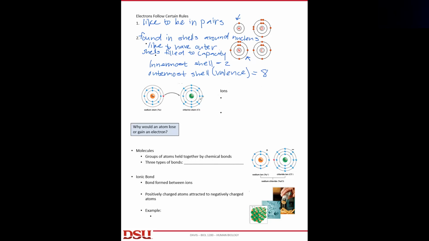Okay, remember I told you that there are exceptions to the standard neutral atom. One of those exceptions is called an ion. Quite simply, an ion is an atom that has a positive or a negative charge.